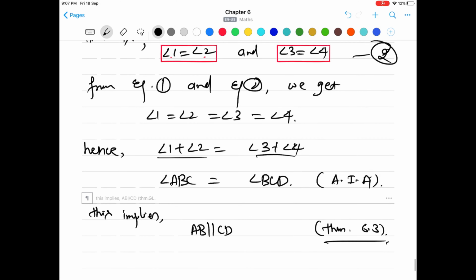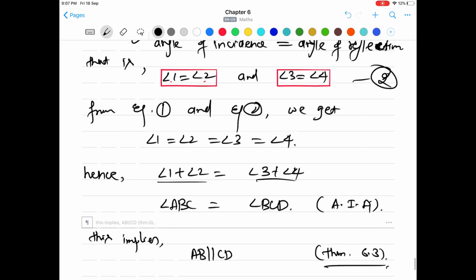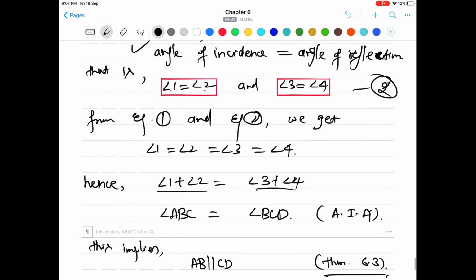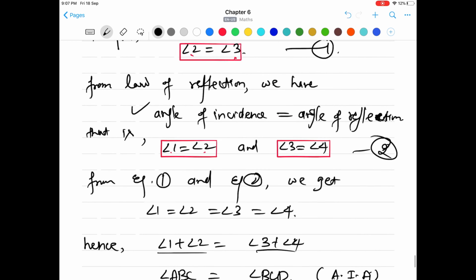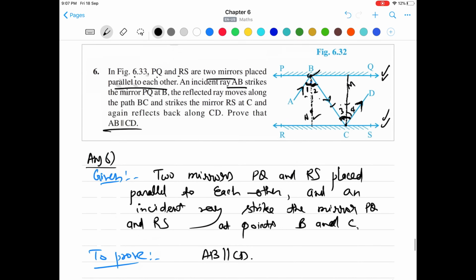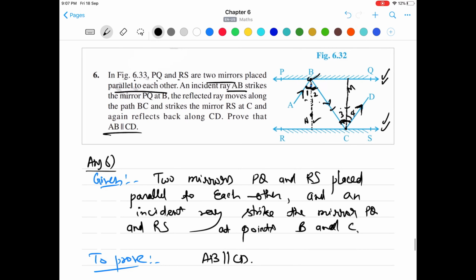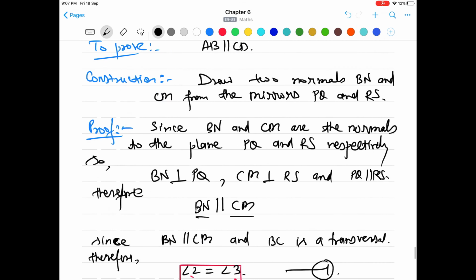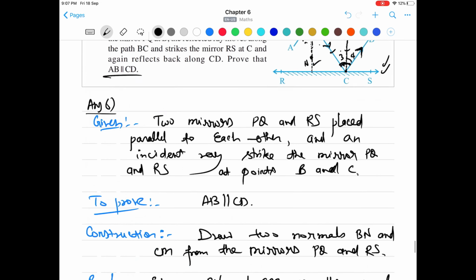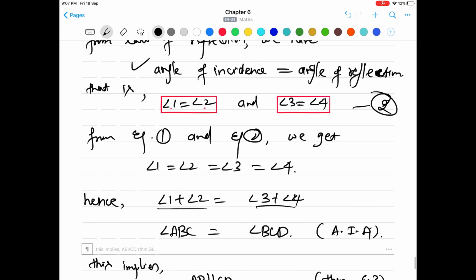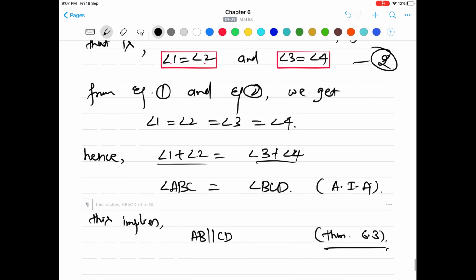Now you must have noticed that in every question we have used many theorems. So learning and remembering the theorems is very important. You should learn all the theorems and remember them, because we are going to use them time to time. So with this we have completed question number 6 of exercise 6.2.